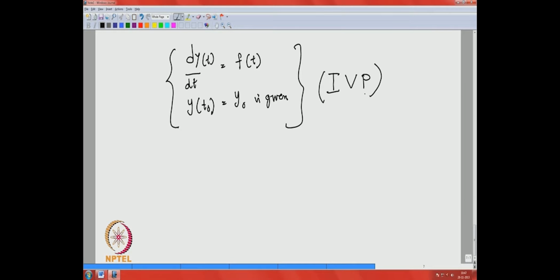This can be done for any general equation. So, if you have a general differential equation, which we will be addressing in this course, dy by dt equal to f of t, y, it may not only depend on the independent variable t, it also depends on the position at that time, and y at t naught is y naught is given. This is your initial value problem.